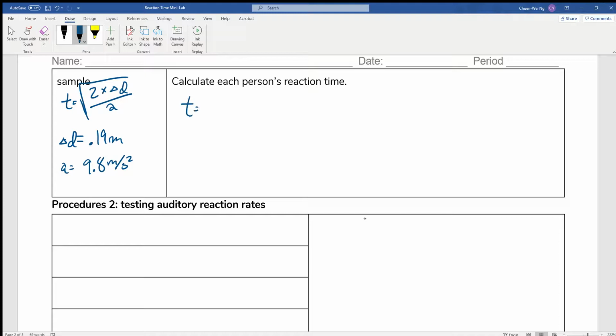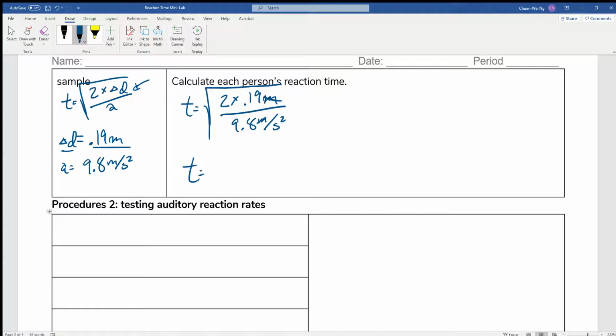So T is equal to the square root of 2 times 0.19 meters, right? That's our delta D, divided by 9.8 meters a second squared. Notice that the meters cancel out, and it's going to be a square root of a second squared. The square root and the second squared cancel, so I'm just going to end up with seconds.